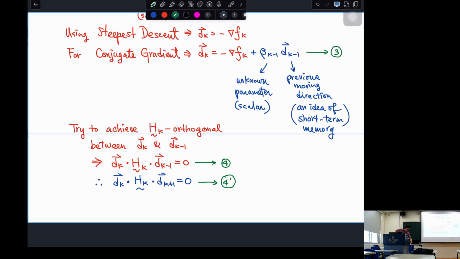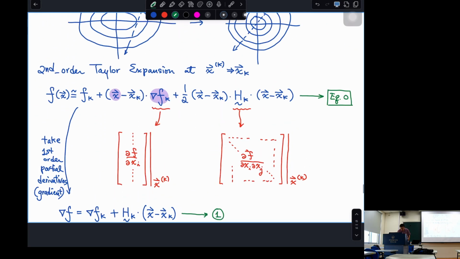So if you are okay with that, now the goal is to find out where is beta. So eventually, this is happening. Okay? So now we are going to recall some equation. We are going to recall equation 0. So let me copy this.